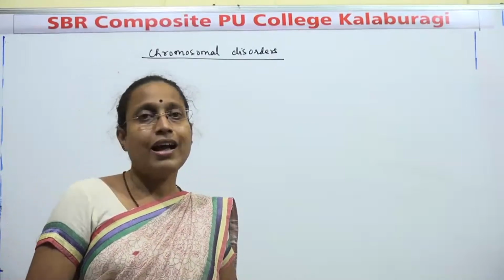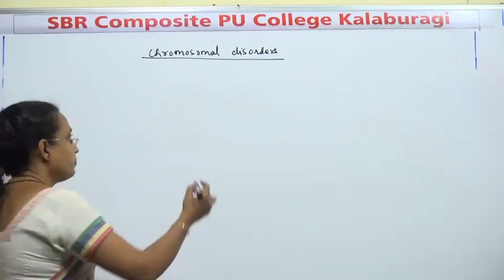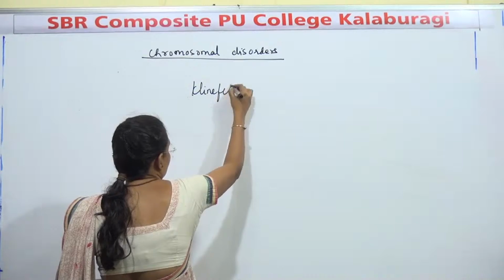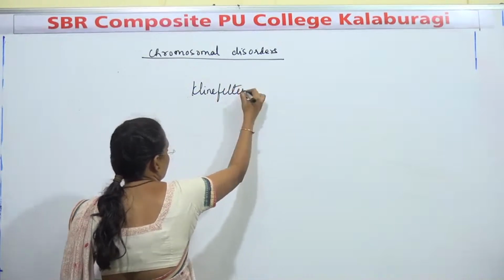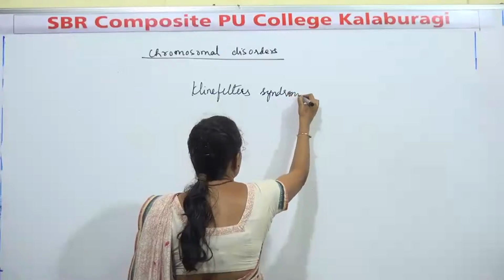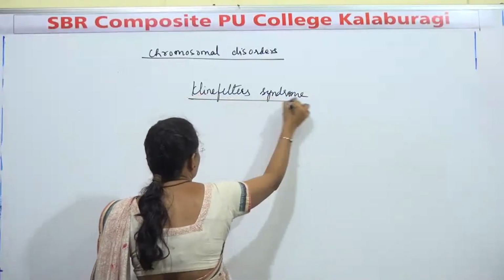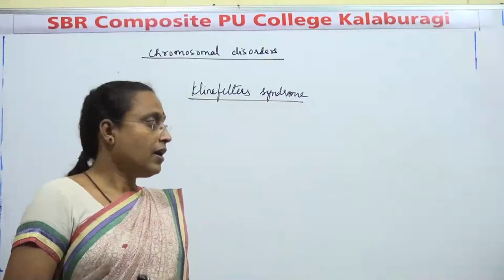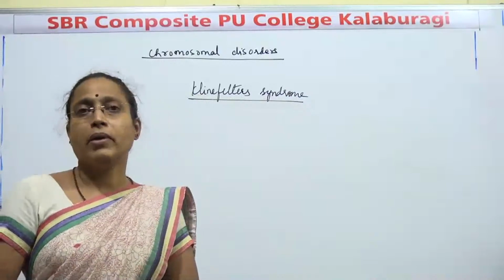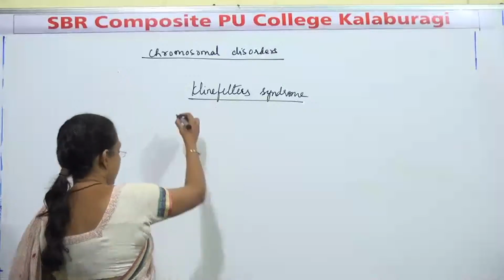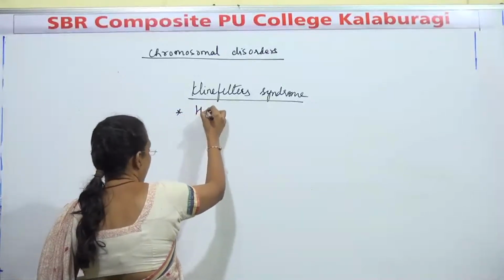Next is Klinefelter's syndrome, also identified by Harry Klinefelter. It is also named after the scientist who identified it.